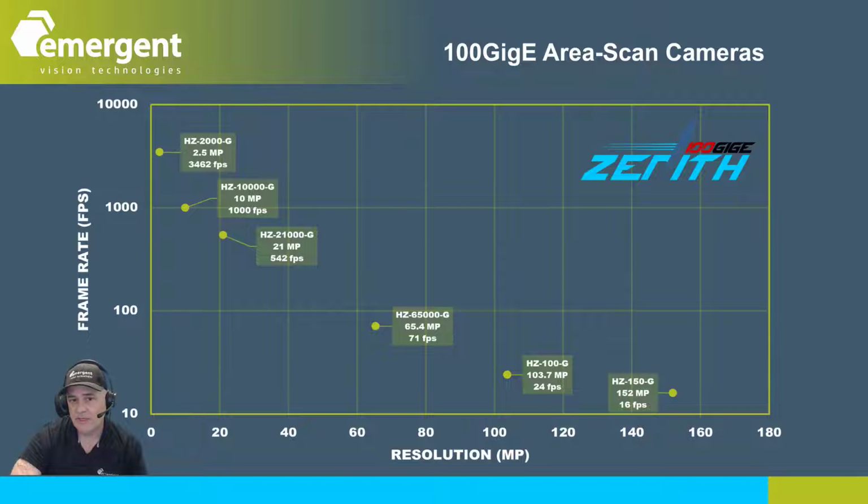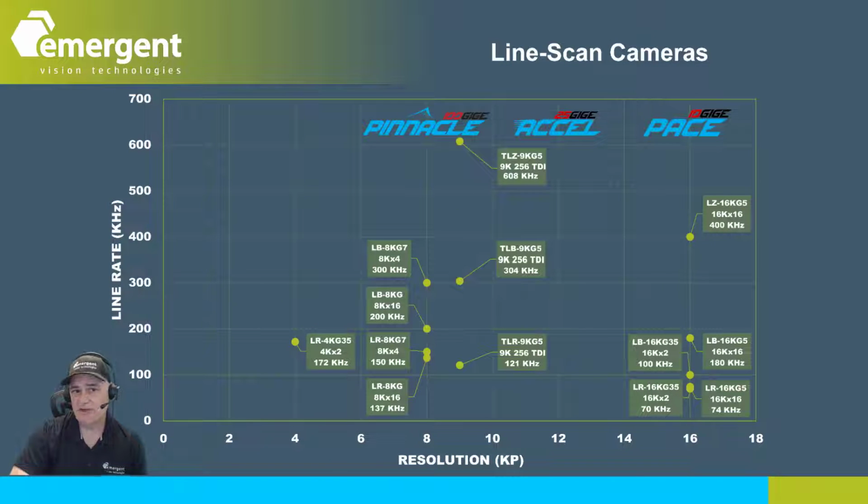And at 100 GigE, the products range from 2 megapixel at 3462 frames per second up to 152 megapixel at 16 frames per second. And finally, for line scan, the products range from 4K at 172 kHz up to 16K at 400 kHz, with a special nod to 9K TDI at 600 kHz.